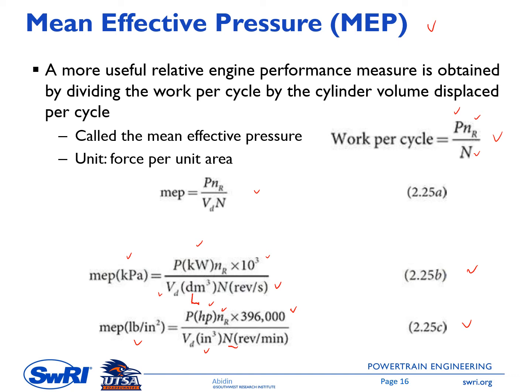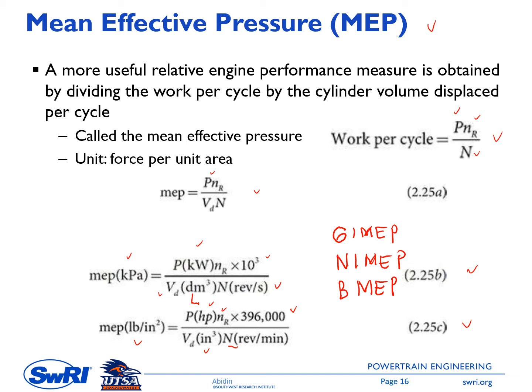So we have MEP here, depending on whether P is gross, net, or brake. Then we can have GIMEP, net IMEP, or brake MEP.